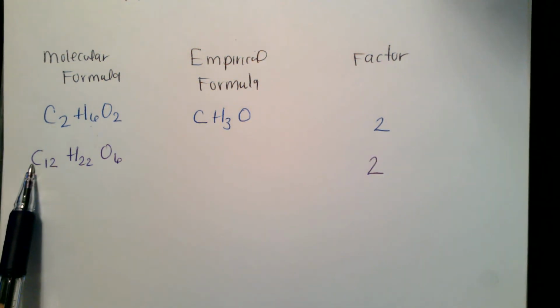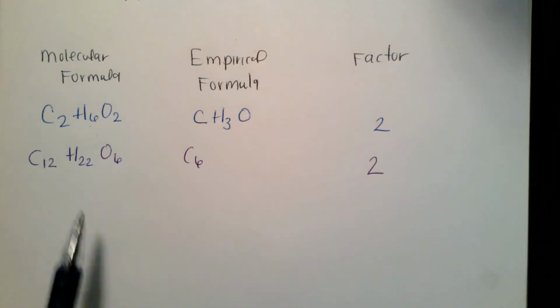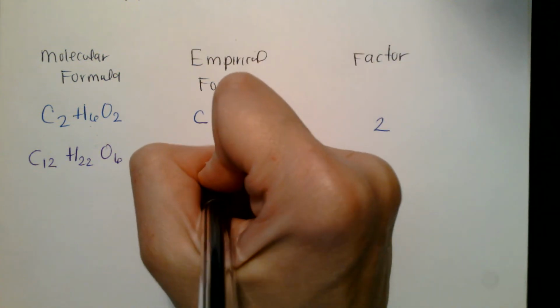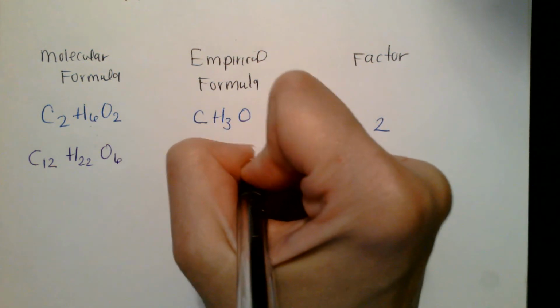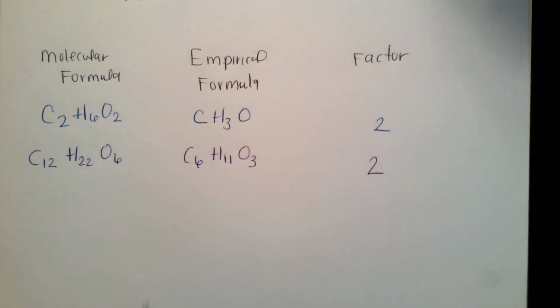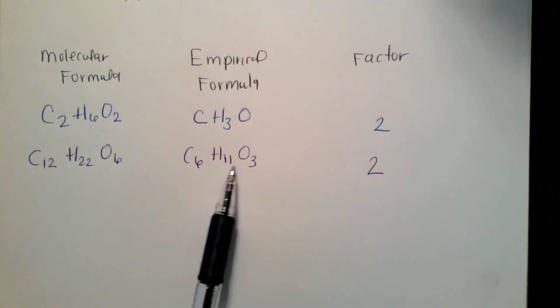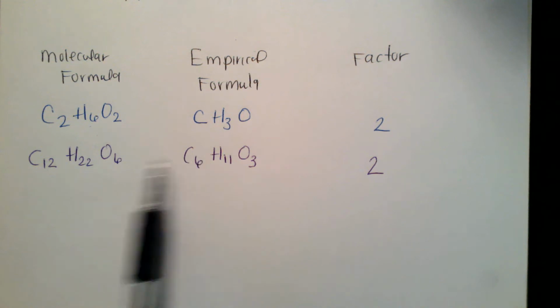So if we divide through by 2, 12 divided by 2 gives us a 6. We divide through by 2 here, we get an 11. And then if we divide through by 2 here, we get a 3. So this is our smallest ratio of our elements here, but we had a factor of 2 to go from one to the other.